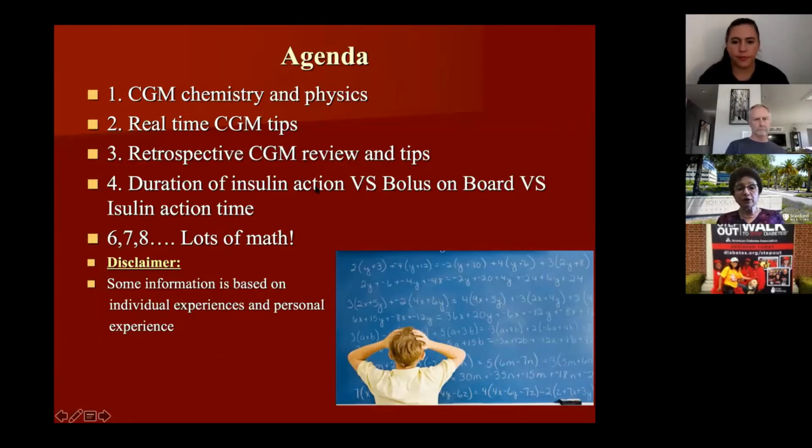What is the duration of insulin action versus bolus on board, which is very important in making decisions about changes. And then we'll do some math, lots of math. My disclaimer is that unfortunately not all the data can be found in publications, so some of it is my personal observations and experience.